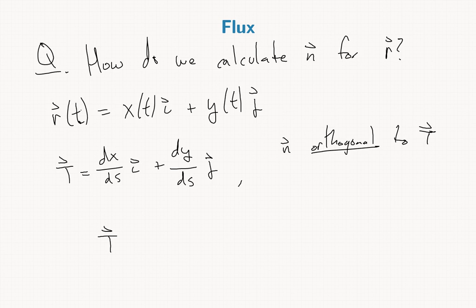So the cross product of t with the unit vector k, cross, not dot, will be orthogonal to t, which is what we want.